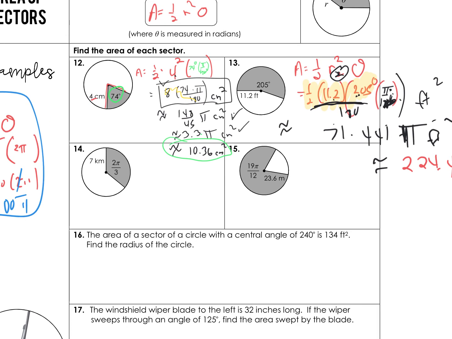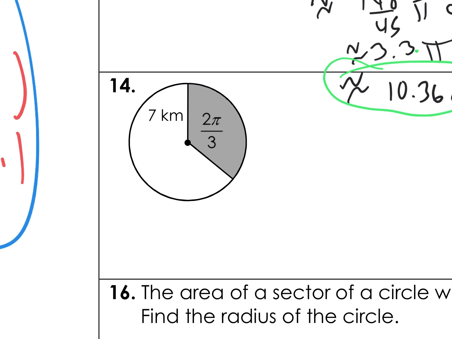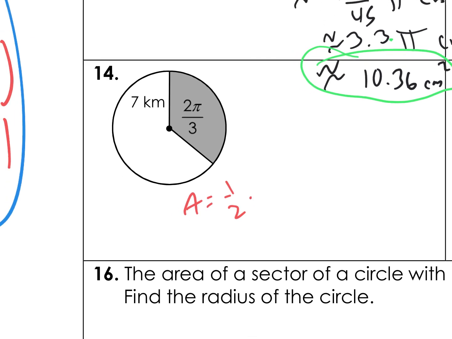Yep. Alright. Oh, here's radians. Thank God, we can do these fast. It's already in radians. Look how much easier it is. Alright, area equals 1/2. Did we have the 1/2 in that problem? Yeah, we had the 1/2. Okay, 1/2 times 7 squared. That's the square I missed earlier.